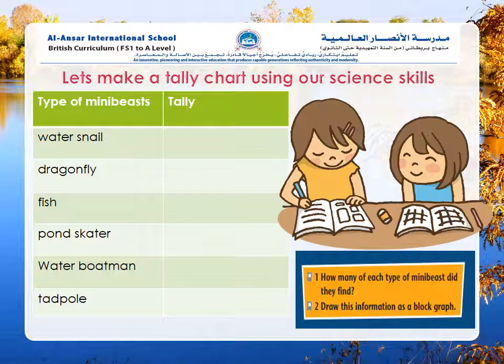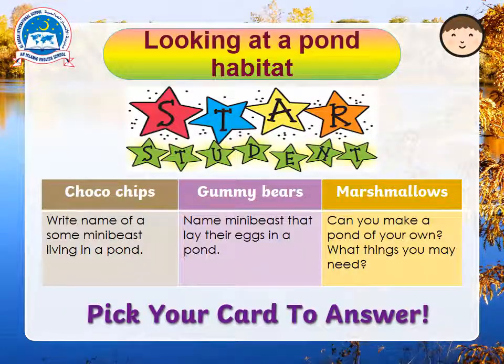According to that, make your tally chart. Then dragonfly, fish, pond skater, water boatman, tadpole. If you have any other animal, do add it to the list. You can also make a block graph. You can recall your math lesson and create a graph for that.